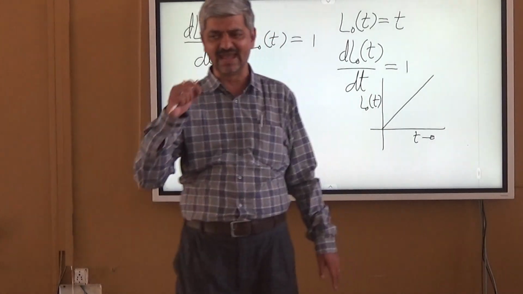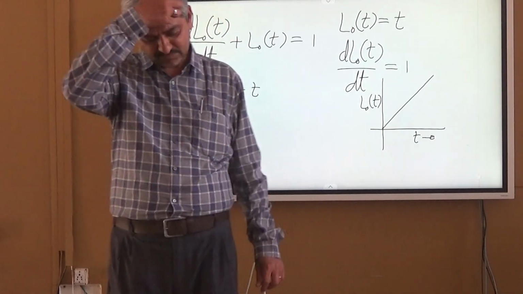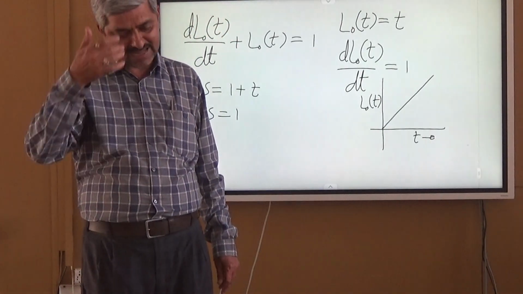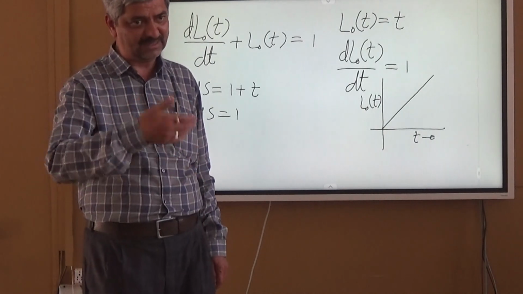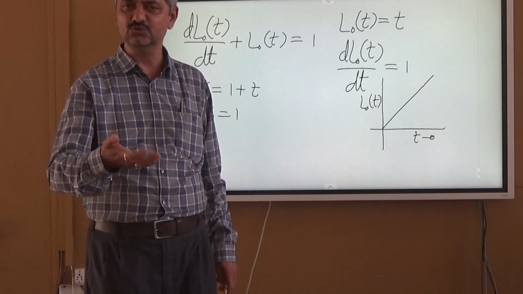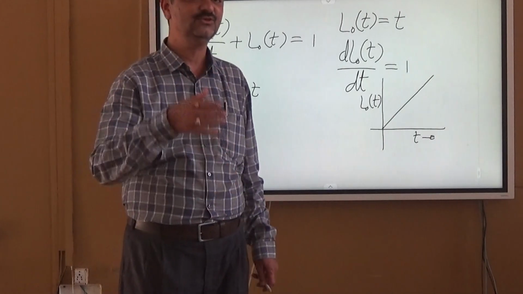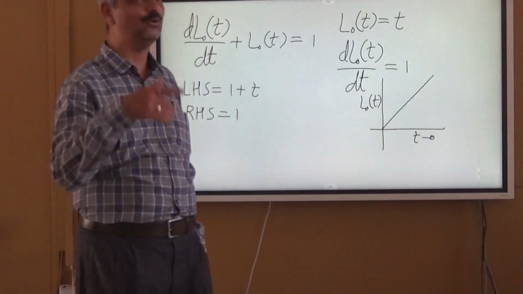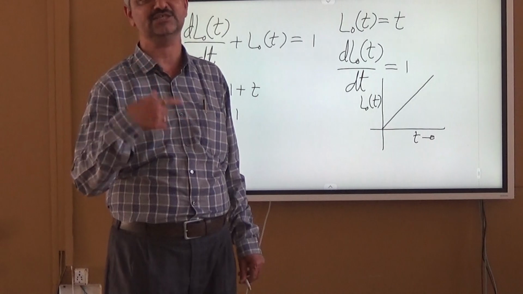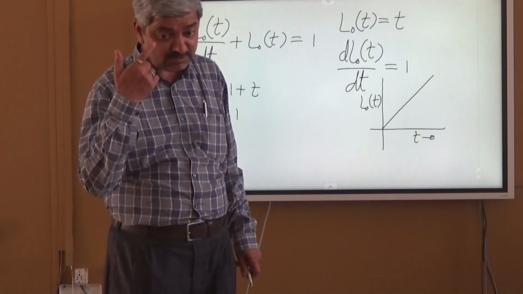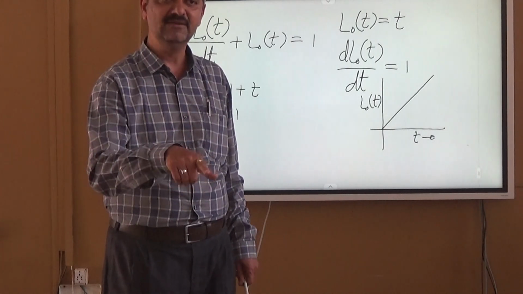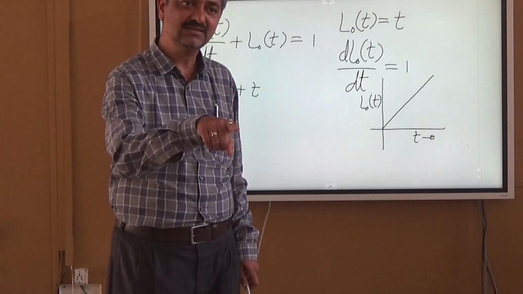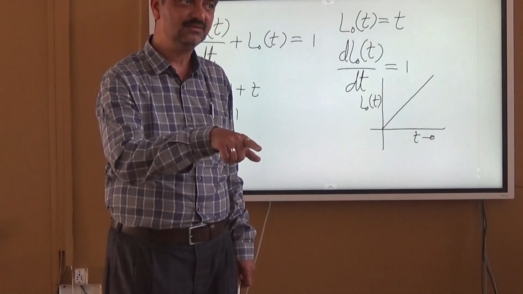Now LOT equal to t is not the answer to the equation. So when you are unable to find the equation's solution, at least you should be able to find an inequality. LOT equal to t gives us LHS more, which means that our actual answer LOT must always be less than t. Is it right?